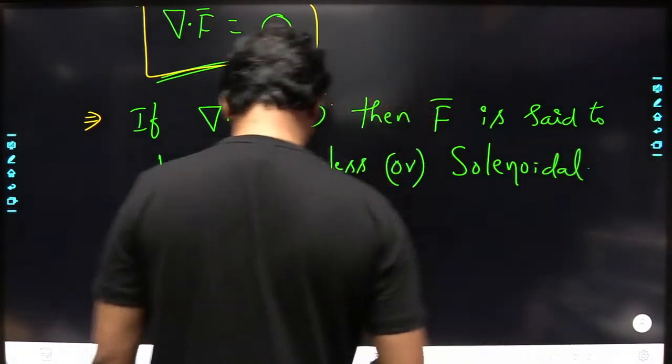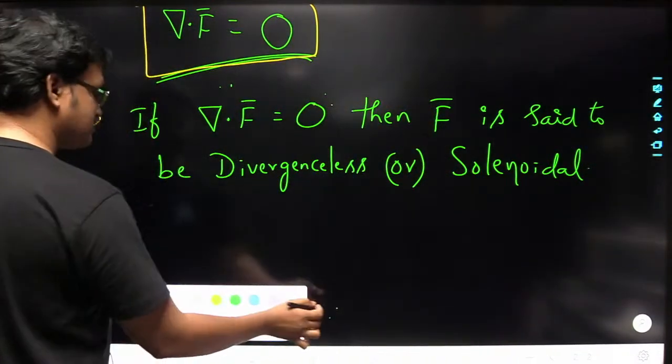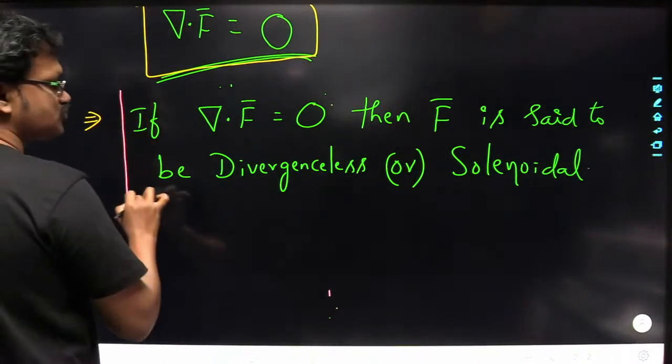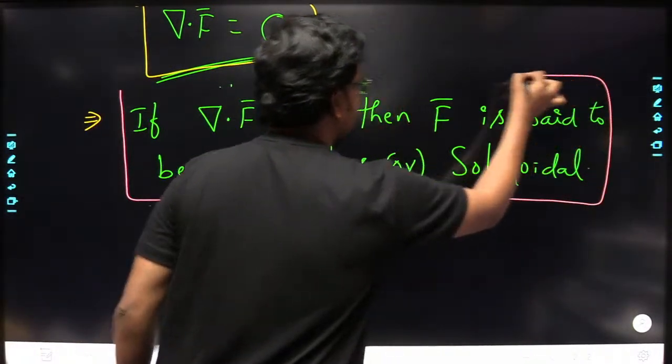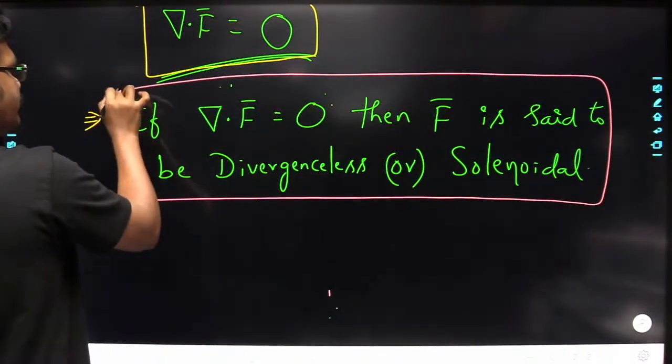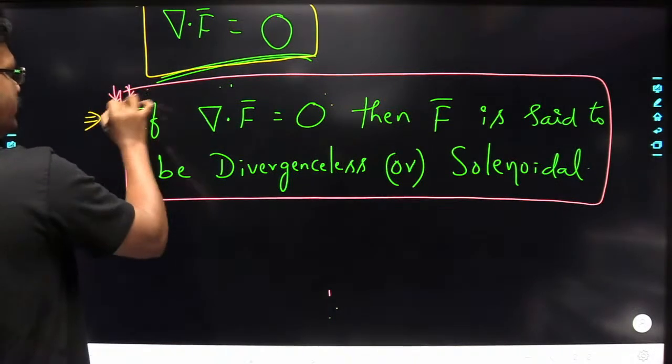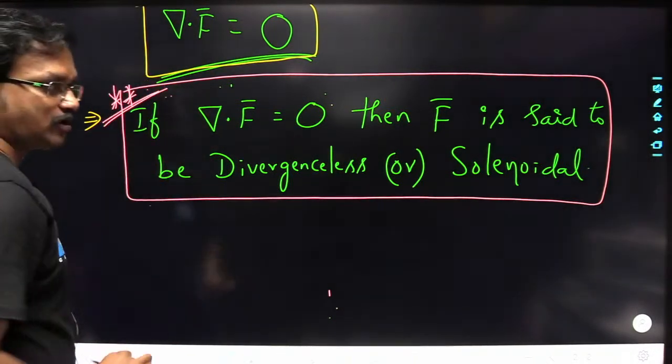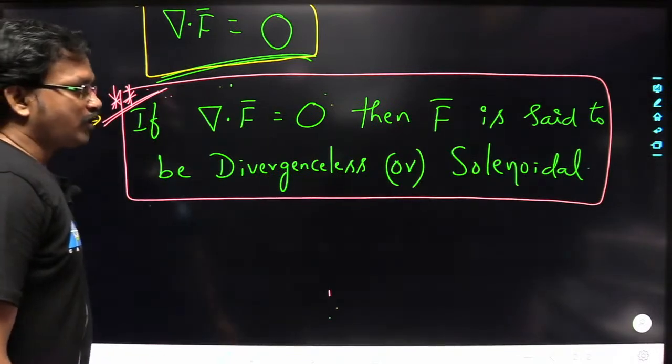So if the divergence of any vector field is equal to 0, then that vector field is said to be solenoidal.